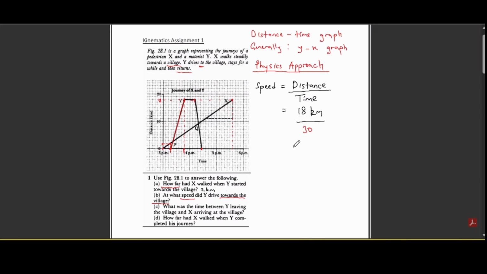So 30 minutes, when we convert it to hours, how do we do that? I also teach conversions, and there are 3 primary methods of converting things.